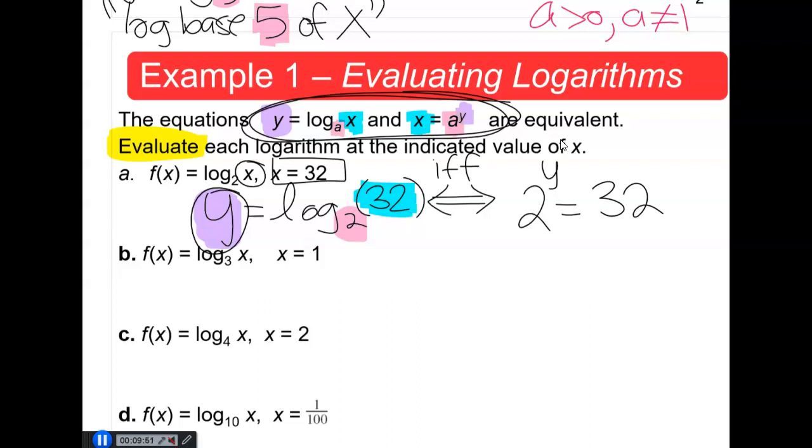Or if we wanted to look exactly that way, I can write the 32 first, and then the base 2 to the power y.